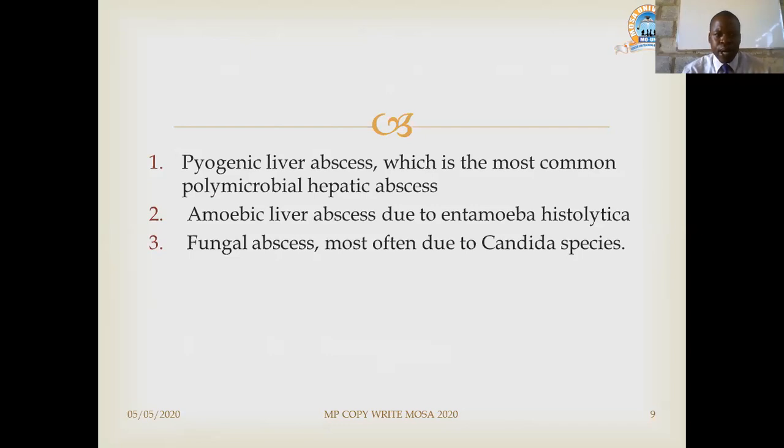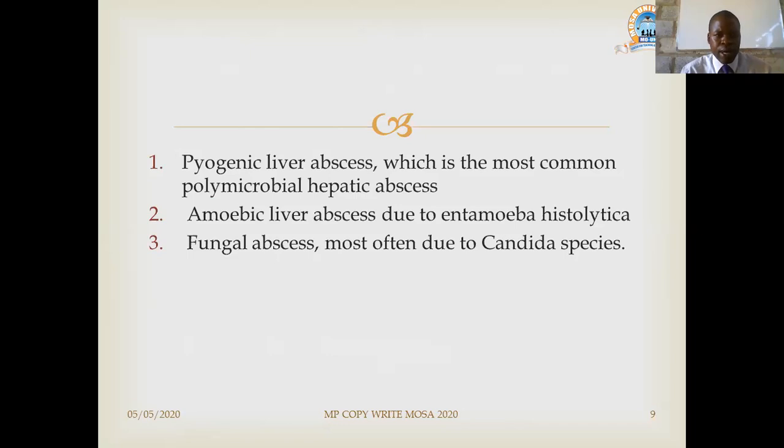When microorganisms overwhelm the liver, they cause pus, and this pus affecting the liver gives us the name pyogenic liver abscess. The pyogenic comes from microorganisms, as a result of infection, which is coming from the pus.